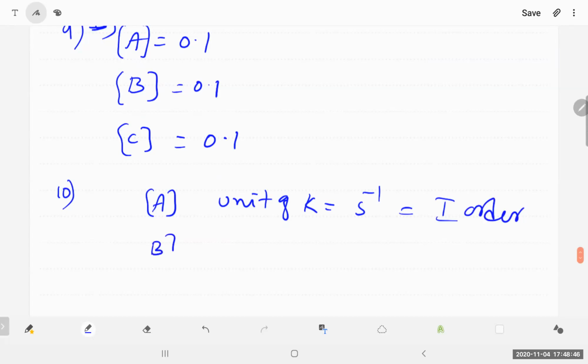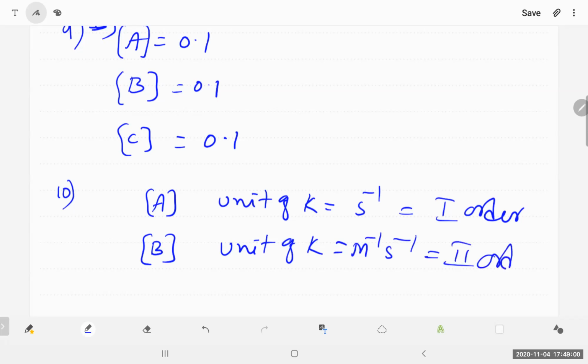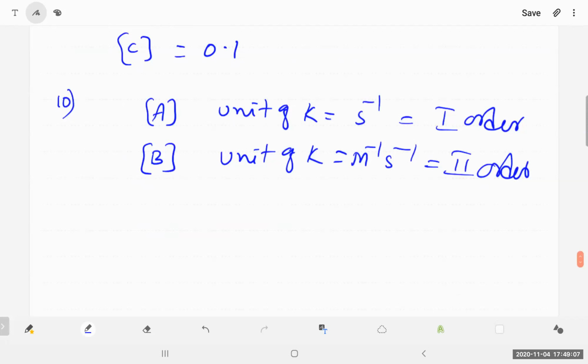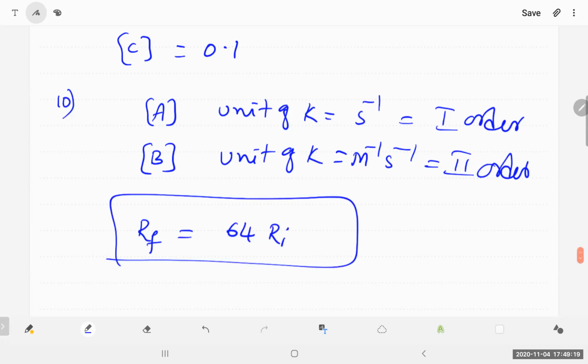Then with respect to B, per mole per second, that is second order. Concentration of A and B are increased by 4 times. Then according to units, with respect to A first order and with respect to B second order, the final rate is equal to 64 times the initial rate. So fourth option is correct.